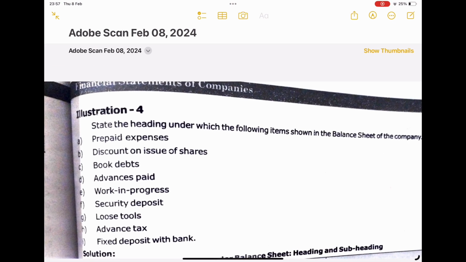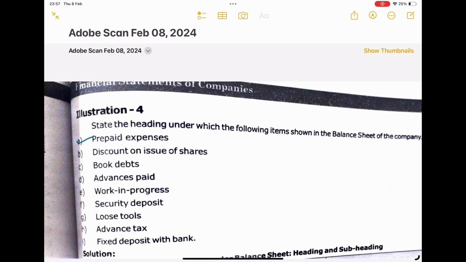Yes, see, same kind. Again, state the heading under which the following items are shown in the balance sheet of a company. Okay, prepaid expenses. Prepaid expenses means I'm paying my expenses in advance. For example, this is the month of February and you have some extra amount, for example 15,000, as savings.